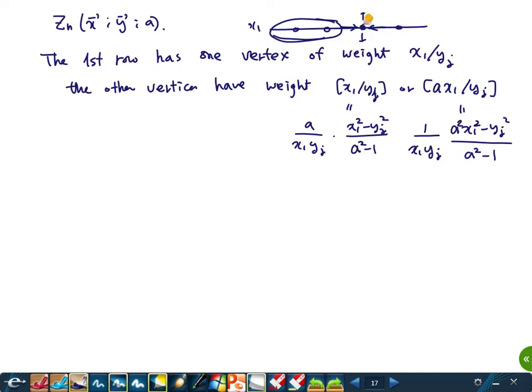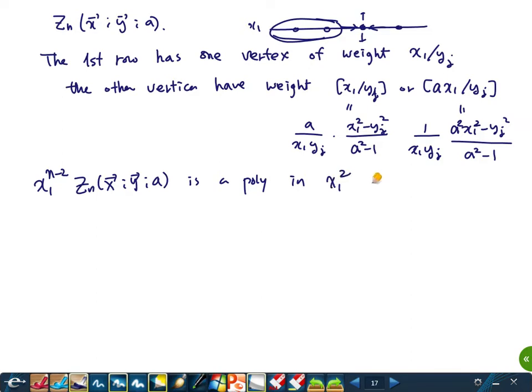Except this one, n minus 1. So we have x1 to the n minus 1 in the denominator, but this will cancel one of them, right? So we have n minus 2 x1 in the denominator. So if we multiply by x1 to the n minus 2, it will be a polynomial. The x1 in the denominator are all gone, and it is a polynomial in x1 squared, right?